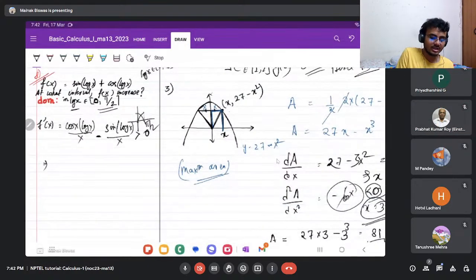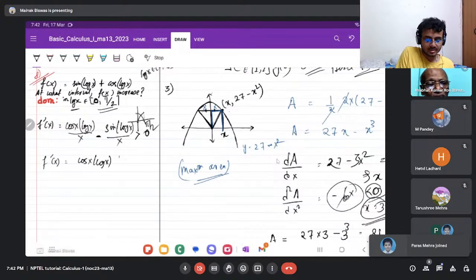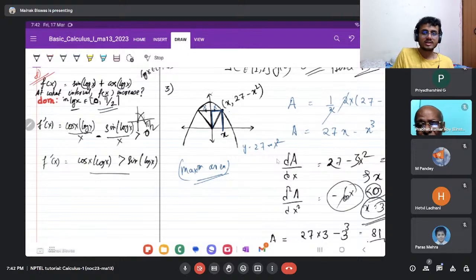For the interval in which it increases, f dash x is cos x log x greater than sine of log x. So where does it increase? Where is it that cos x is greater than sine x? Between which values does cos x become greater than sine x?